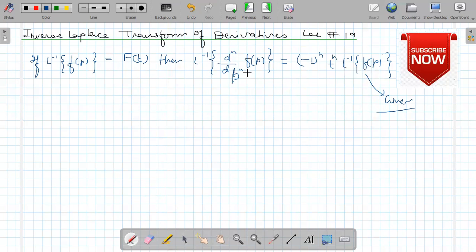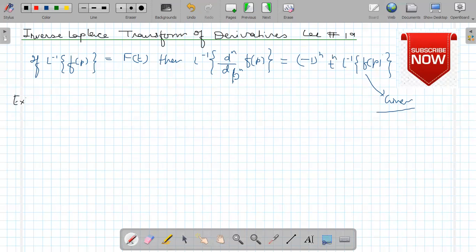This is Laplace inverse of nth derivative, means you can find the first derivative of F(p), you can find the second derivative, you can put the second derivative also here if you see that the second derivative's Laplace inverse is easy to find. You can put any order derivative here of that function, and then you can use this relationship to find the Laplace inverse of F(p). So this formula is very useful in that case.